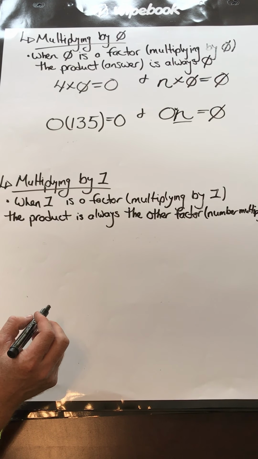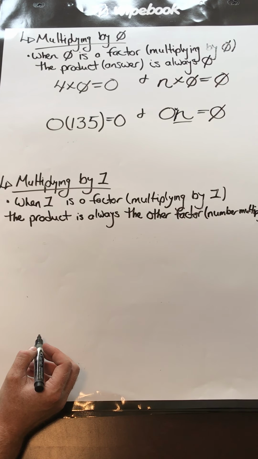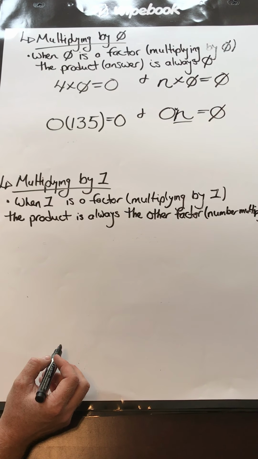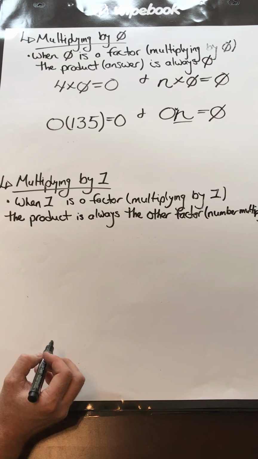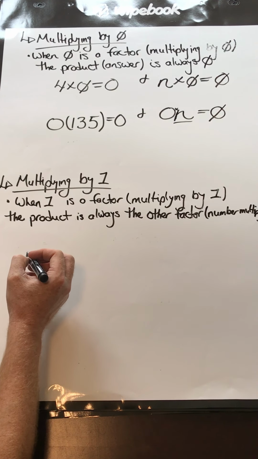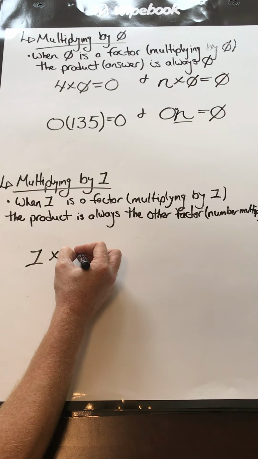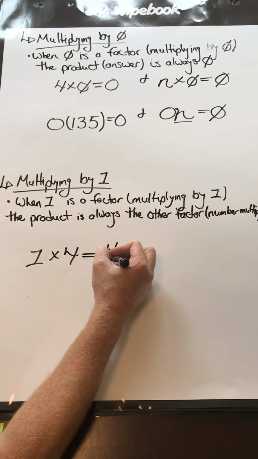Multiplying by 1. When 1 is a factor, we're multiplying by 1. The product is always the other factor, the number that we're multiplying by. So, for example, if we had 1 times 4, that is going to equal 4.